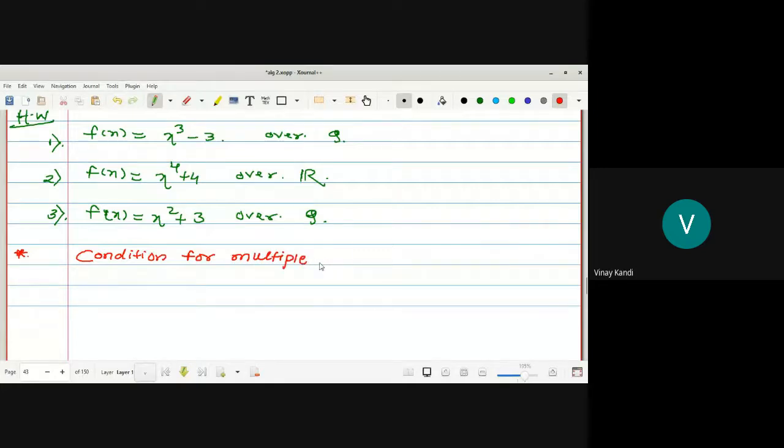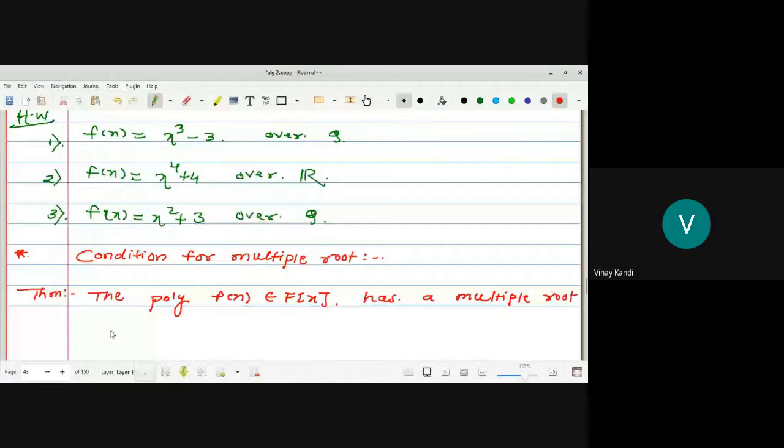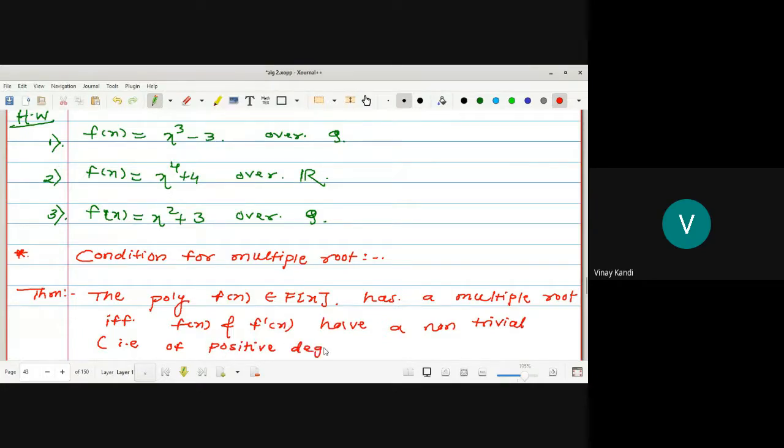The polynomial small f of x belongs to capital F of x has a multiple root if and only if f of x and f dash of x have a non-trivial common factor, that is, a common factor of positive degree.